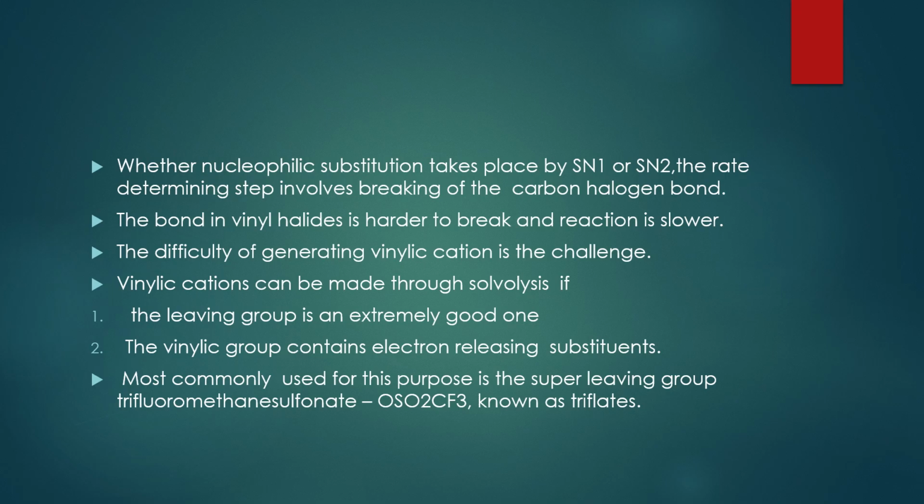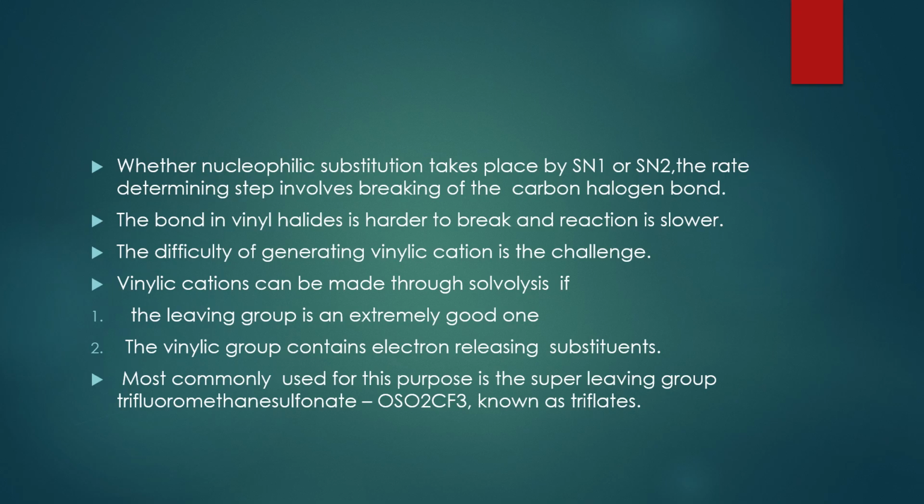Irrespective of the nucleophilic substitution mechanism, either SN1 or SN2, the rate determining step involves breaking of the carbon-halogen bond. So the bond in a vinyl halide is harder to break and the reaction is slower. The difficulty of generating vinyl cation is the factor that makes vinyl halides less reactive.